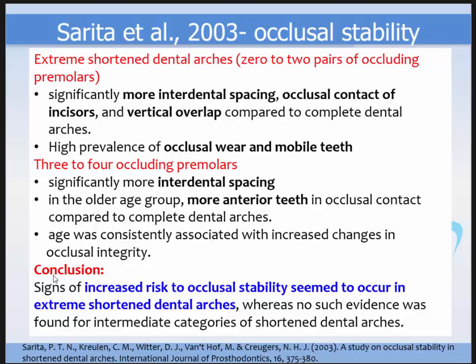So in conclusion, the authors conclude that the signs of increased risk to the occlusal stability seem to occur only in extreme SDA, where no such evidence was found for intermediate categories of SDA.